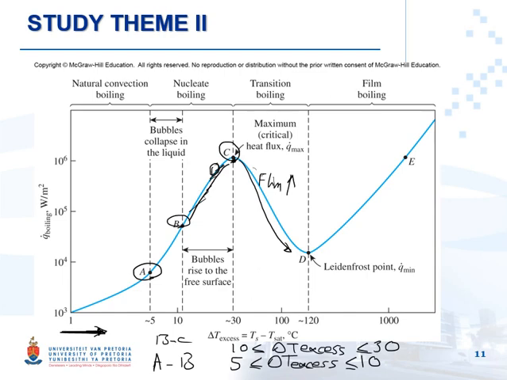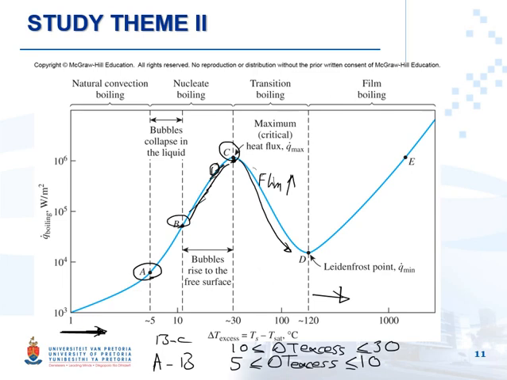And of course it's film boiling after point D. In this region, after D, the heater surface is completely covered by a stable vapor film, and that's why the heat flux reaches a minimum point at D, because at point D that insulated layer is completed.